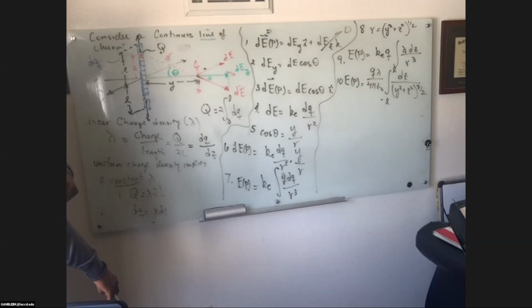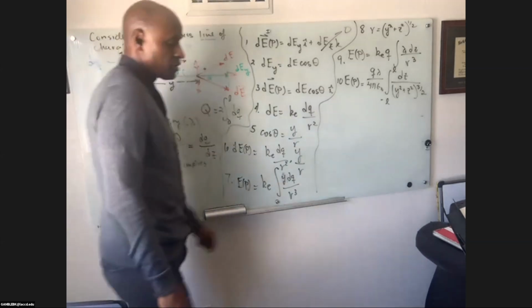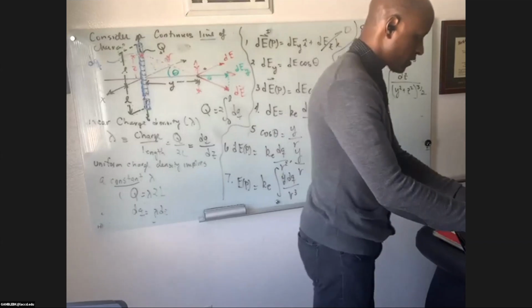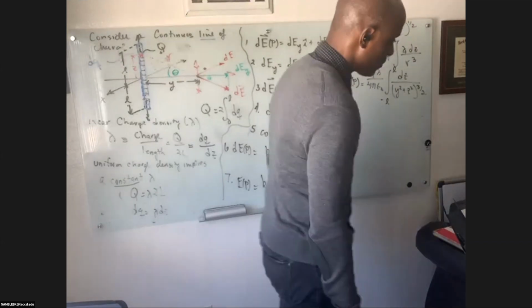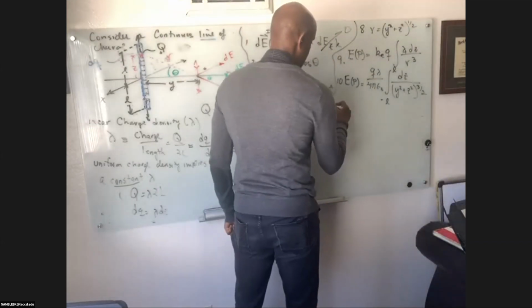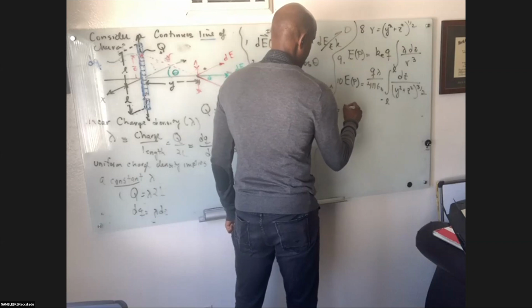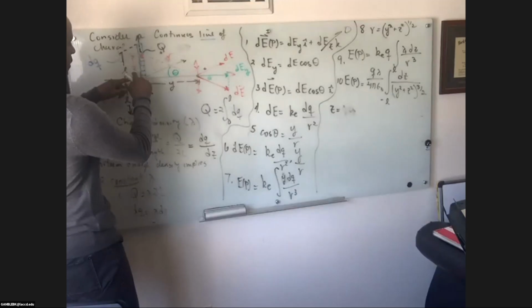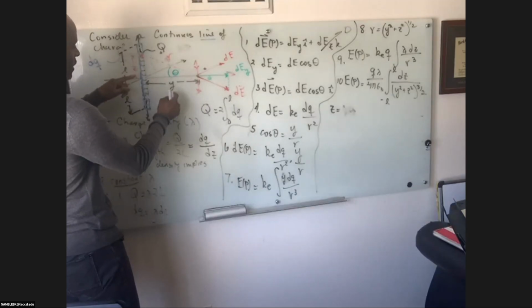Now, to do this integral, you could look in an integral table, or I'm going to at least work it out once. You could do a trig substitution. Maybe you could practice that, or you can look it up in the book. If you do something like z equal to tangent theta, you get it directly from this: tangent theta is equal to opposite over adjacent, z over y.